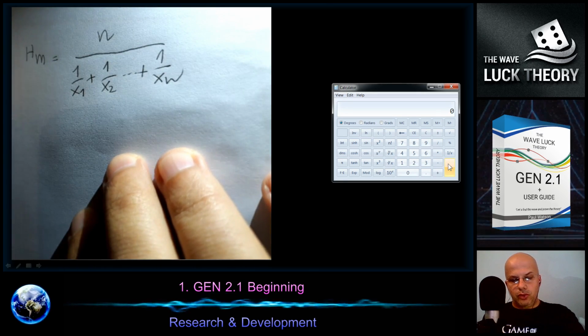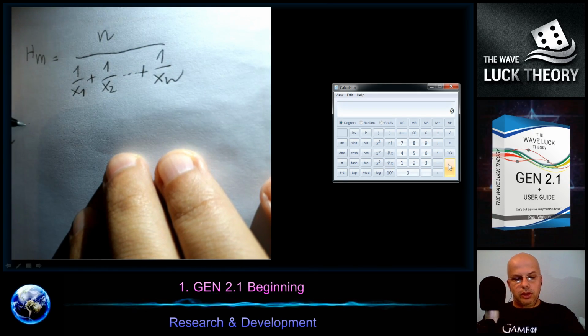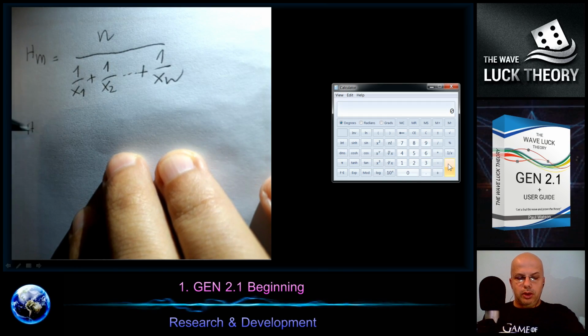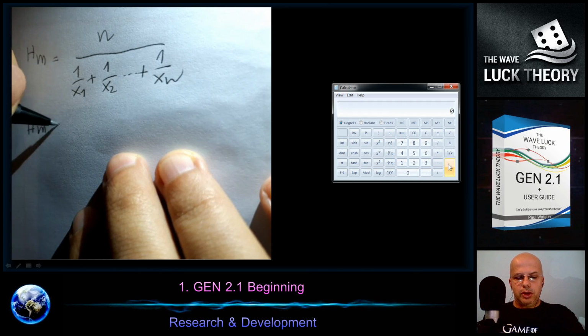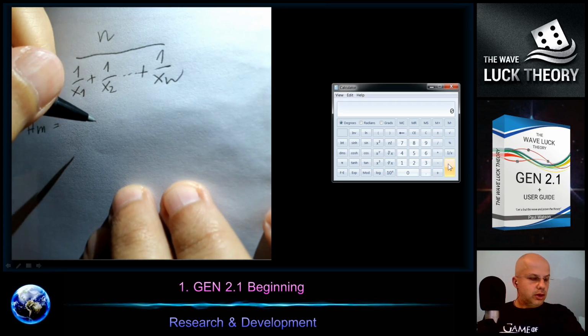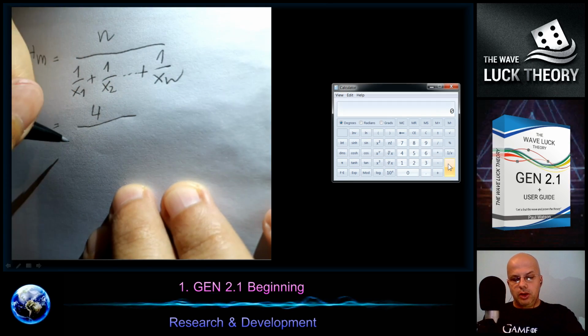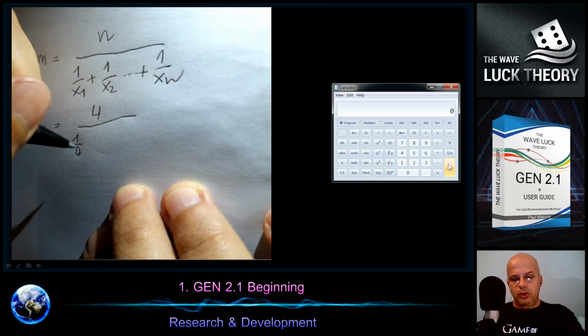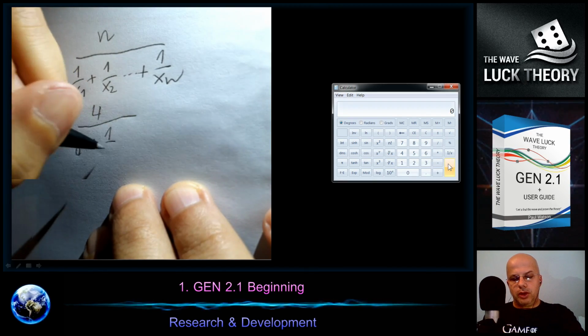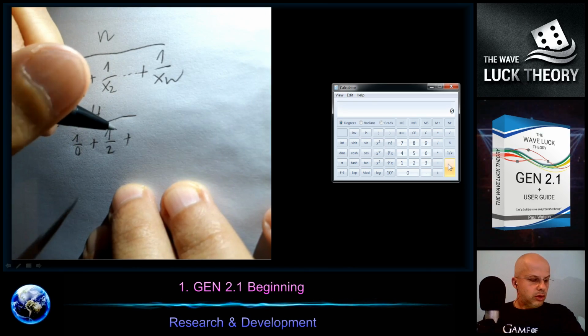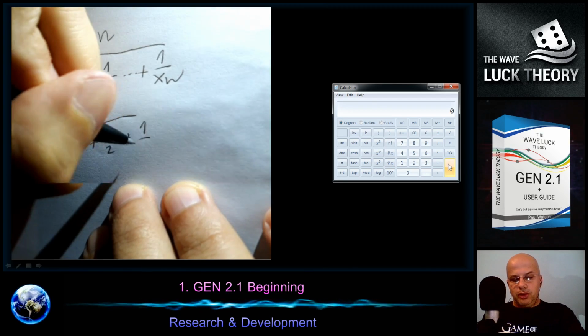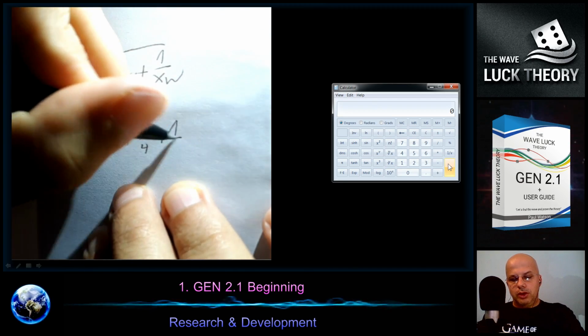If we try to fill it in, the harmonic mean in our case is 4 divided by 1 divided by 0 plus 1 divided by 2 plus 1 divided by 4 plus 1 divided by 2.